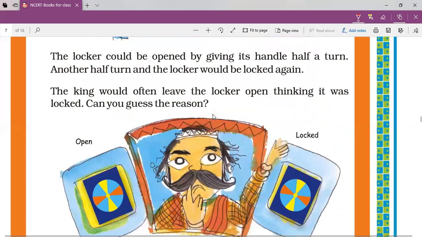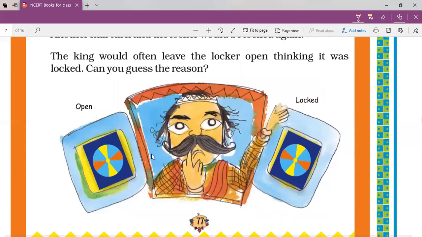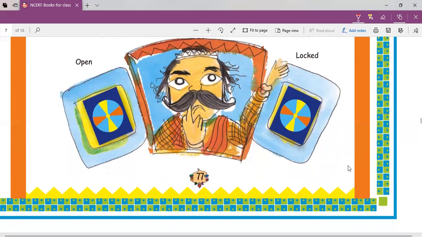Now see, the king had shown, you can see in the image at the bottom of the page, this is the open image and this is the lock image. Both the images are similar. They are not different. Half turn means open, again half turn means lock. But both images look the same. That's why the king got confused.